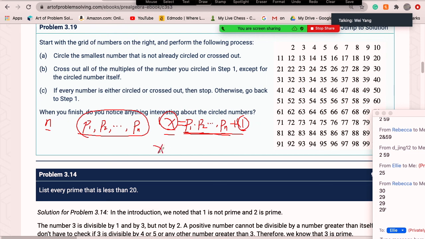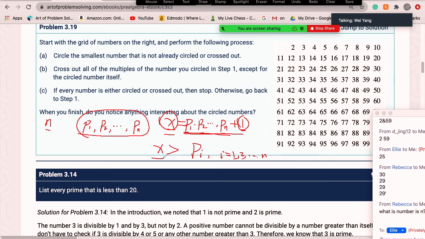So x is bigger than all the primes pi, for i from 1 to n, but x is not divisible by any of them. So x should be a prime number, right? Because x is not divisible by any of them.